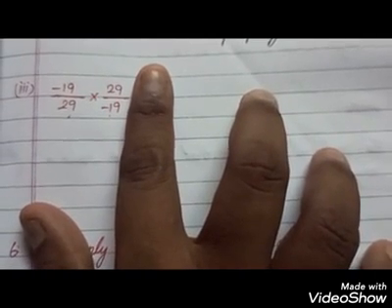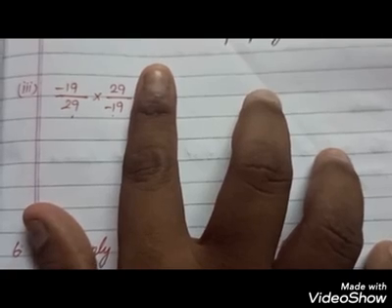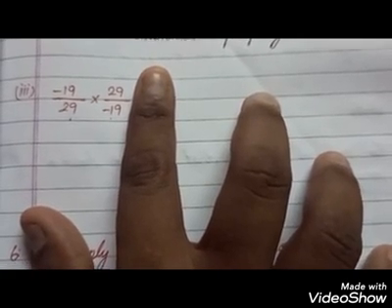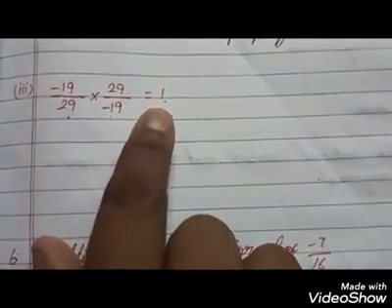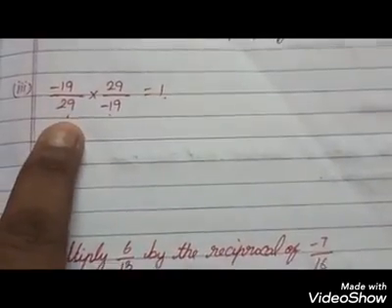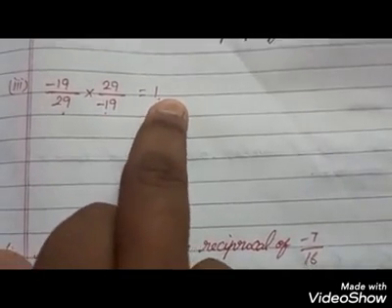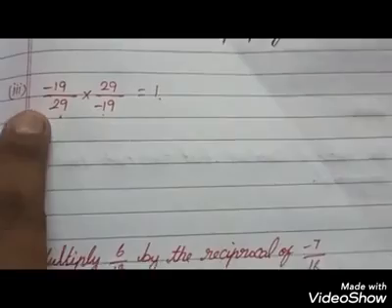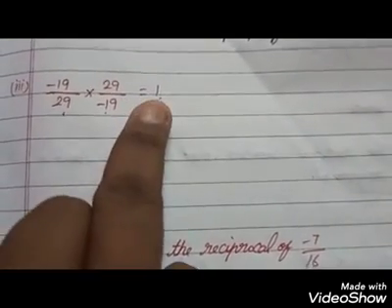So you no need to change the symbol and you have to take the reciprocal of the number, which means that one is a multiplicative inverse. Why do we get 1? The product of a number and its multiplicative inverse is equal to 1.